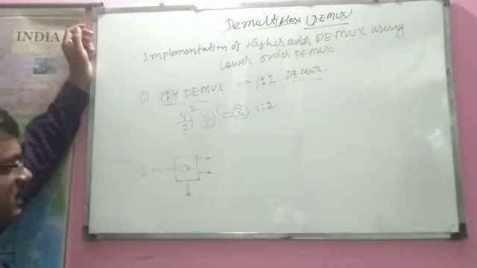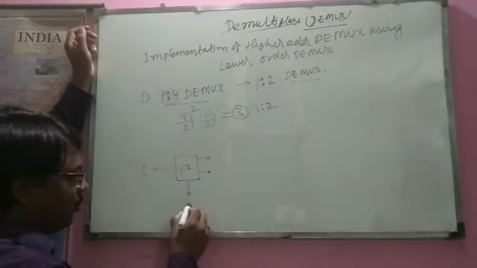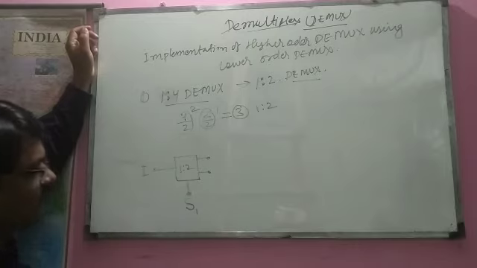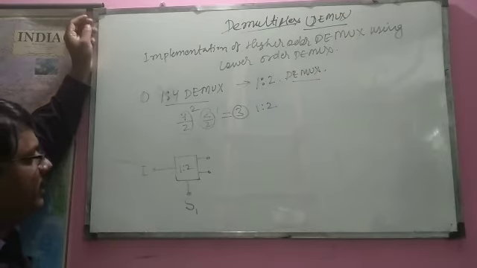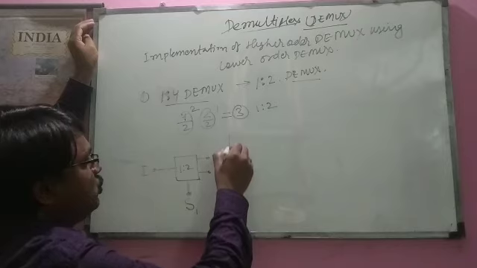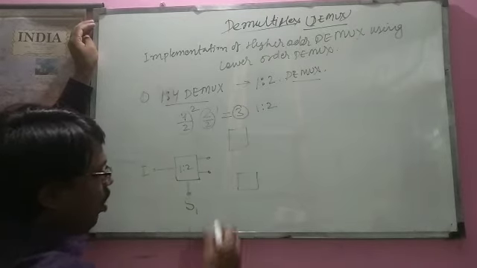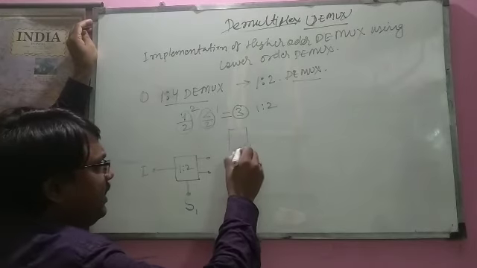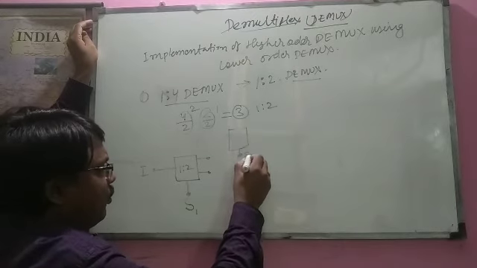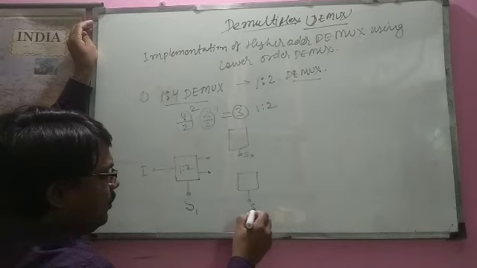So this is S1, and take 2 more here like this. And here select lines will be S0, and here also it will be S0.